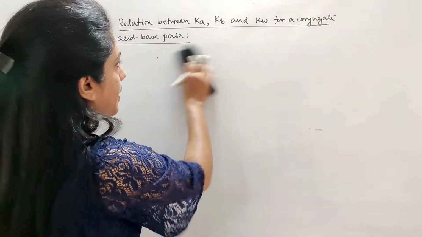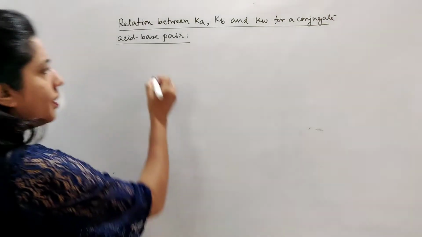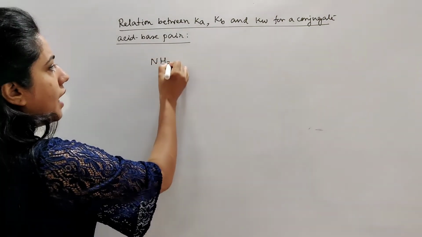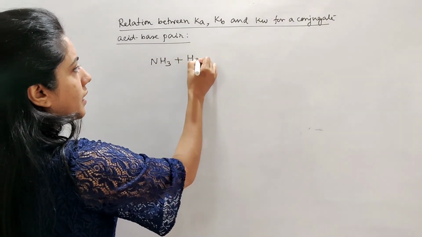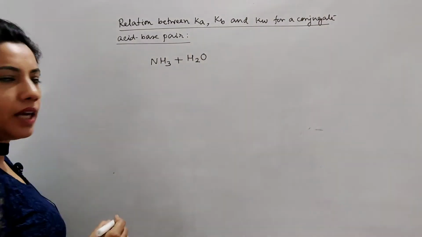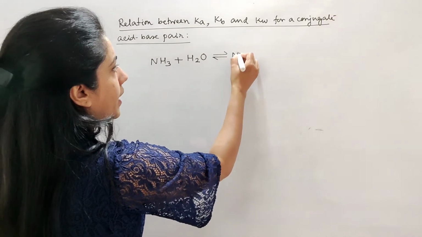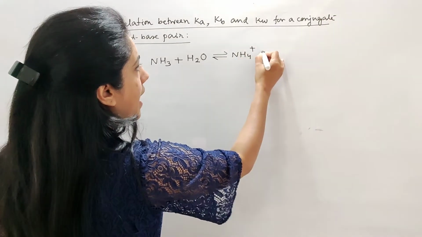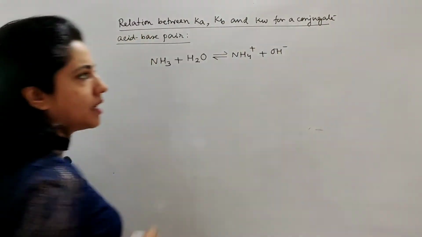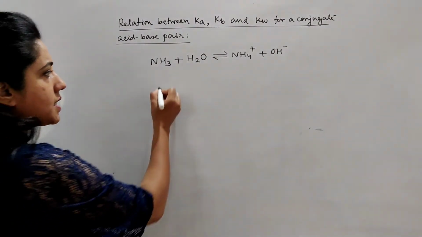Let us take an example. I am taking the example of ammonia dissolved in water. So when ammonia is dissolved in water, what do you get? You get NH4 plus and OH minus. Can we write down the Kb for this?